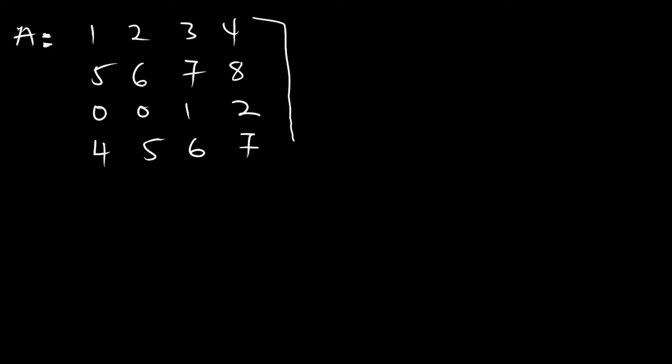So this is a matrix, right? Matrix A given in this form. First, let's find the order of the matrix. How many rows? 1, 2, 3, 4. 4 rows. 1, 2, 3, 4. 4 columns. Are we okay? So this is a 4-row, 4-column matrix.